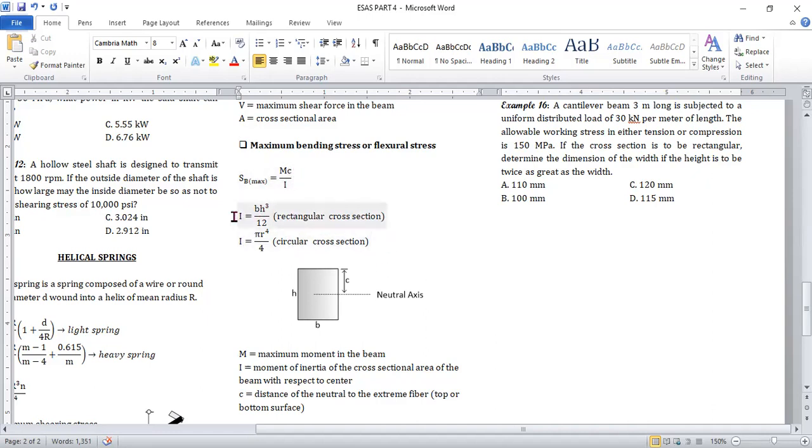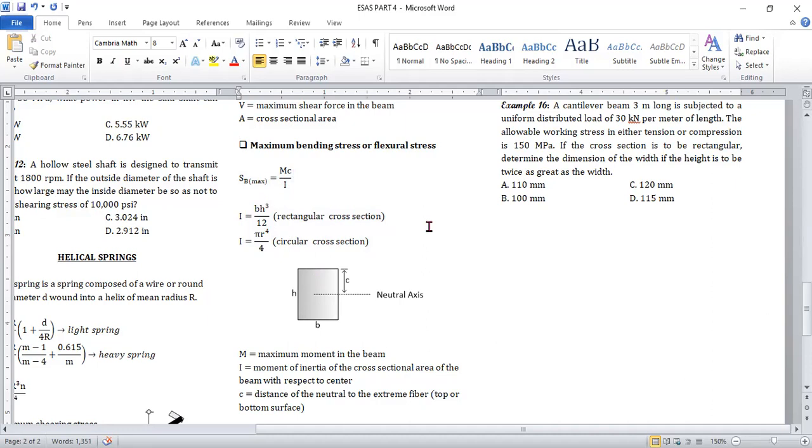So we just have the two formulas for rectangular and circular cross-section. So there may be other formulas, no? So depending on the type of cross-section.